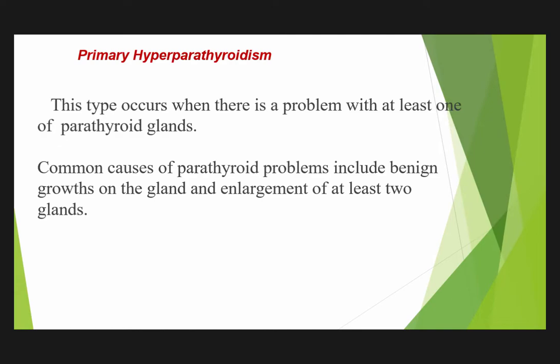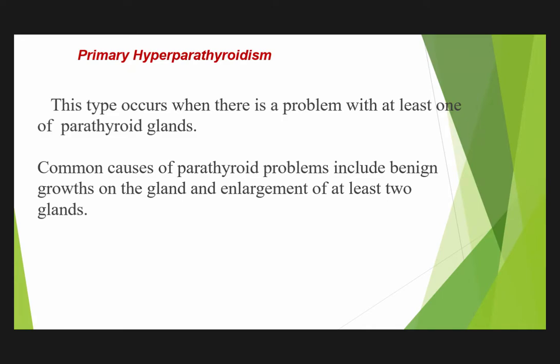The parathyroid gland produces too much PTH. If you hear hyperparathyroidism, it means that PTH is high. It could not be low. If it is low, it is hypopara. But in hyperparathyroidism, PTH is high. Calcium, vitamin D, and phosphorus are different, depending on the cause.